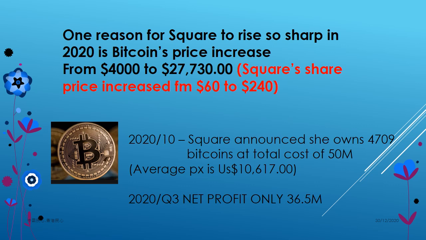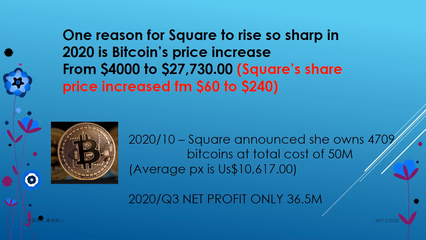Actually, Square has 2 incomes from the Bitcoin. One is Square can trade Bitcoin. You can trade 0.1 Bitcoin, right? On some Bitcoin platforms, you can buy 0.1 Bitcoin, and you have a special number for yourself, so no one can go into your account. Besides that, how do you use Bitcoin when you have it?